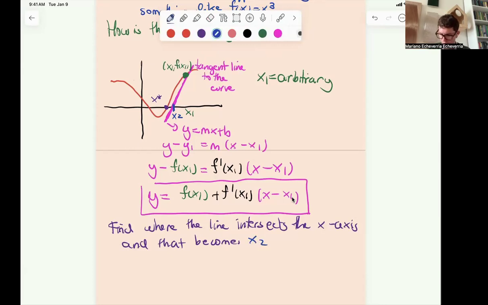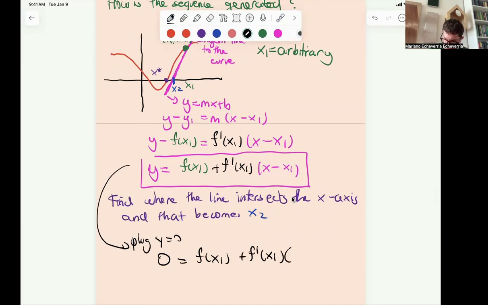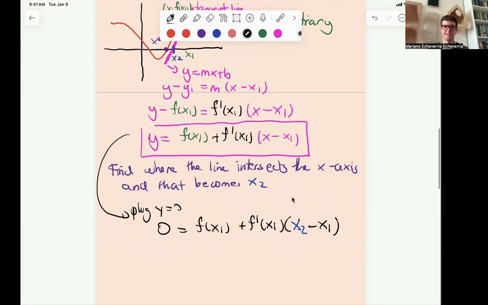So how do you find x2? At x2, the y value for the line has to be 0. So you plug y equals 0 into this equation, and you get 0 equals f of x1 plus f prime of x1 times x2 minus x1. That gives you an equation you can solve for x2.